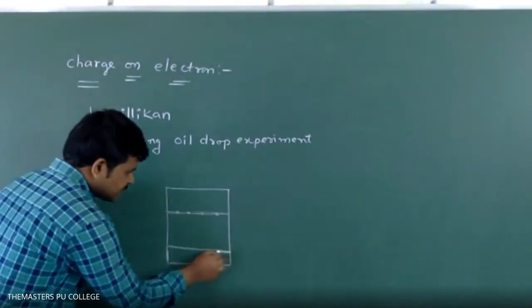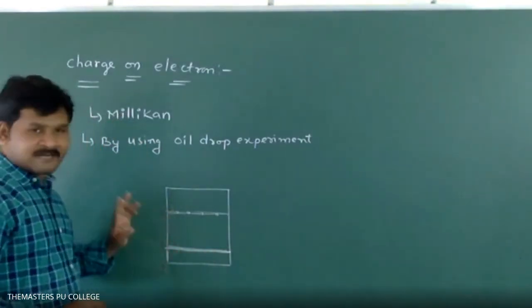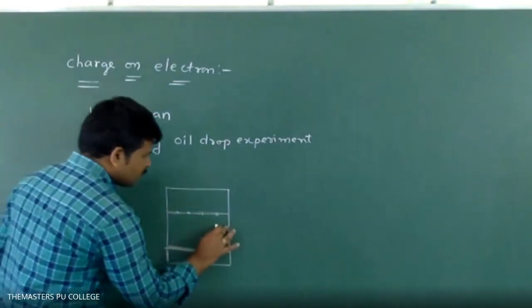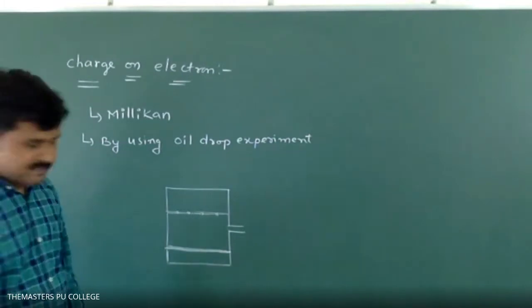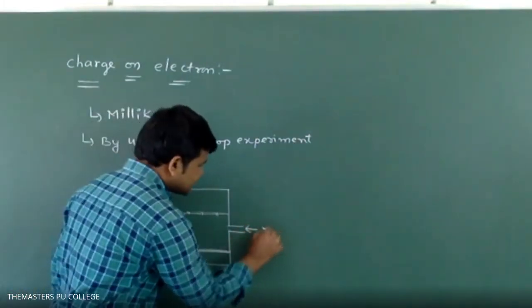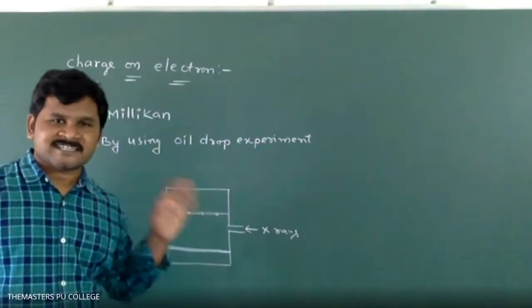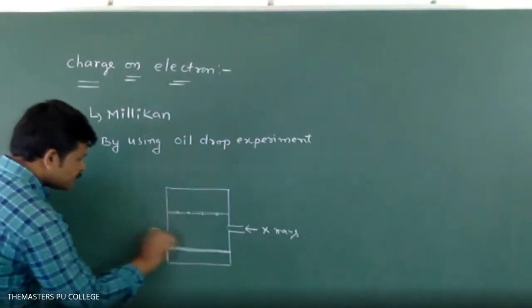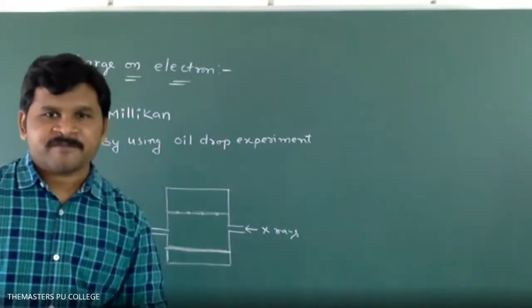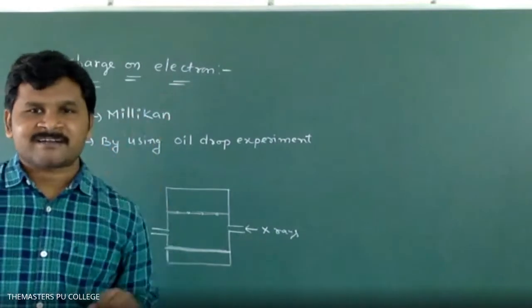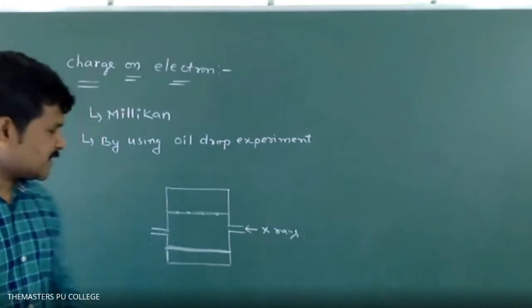In the space between the upper plate and the down plate, we make an arrangement to pass X-rays. On another side, we fix one telescope which contains an eye micrometer.